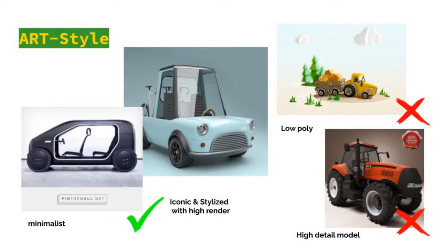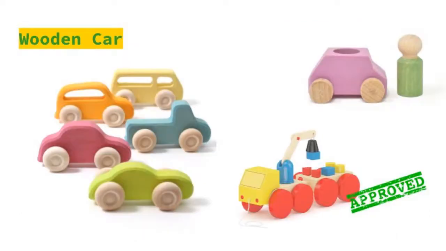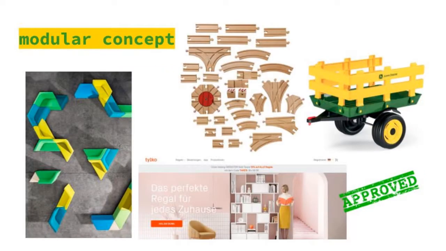Also, I get inspired by wooden cars, which are super minimalistic, super iconic, with easy, catchy, readable shapes, and I really like to have an approach like that in the end of this project, which looks easy, but is still not that easy to do, to summarize the shapes into those minimalistic shapes.